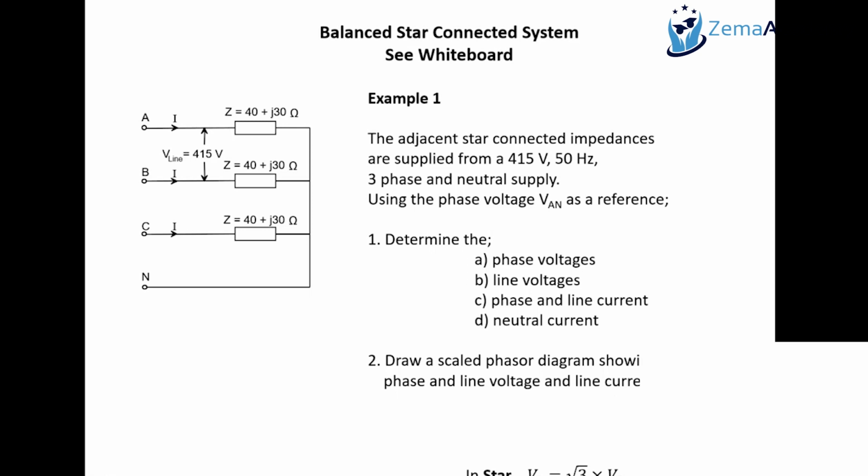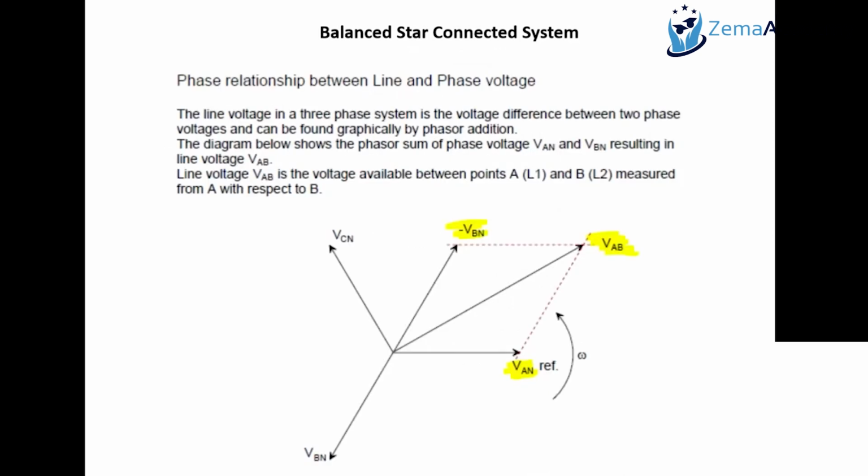Showing means if I ask you to draw the phasor diagram showing the voltage and the currents for an RC circuit, all you have to do is to draw the lines, right? One line and another line for the current, for example. But if I ask you to calculate the line voltage from the phase voltage using the phasor diagram, this is the method we are going to use, the parallelogram method.